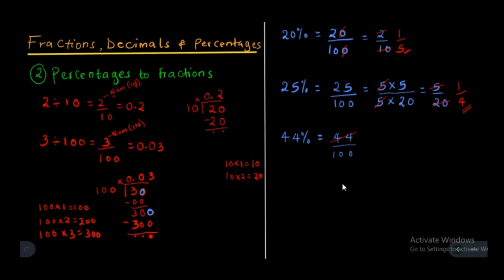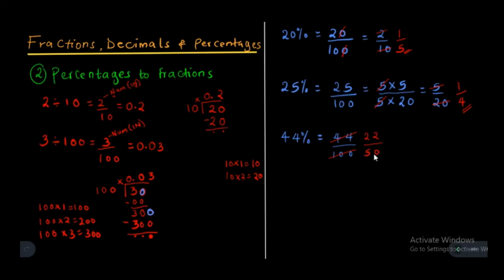So 2 divides 44 how many times? 22 times. 2 divides 100 how many times? 50 times. Is there any other number that we can simplify further?